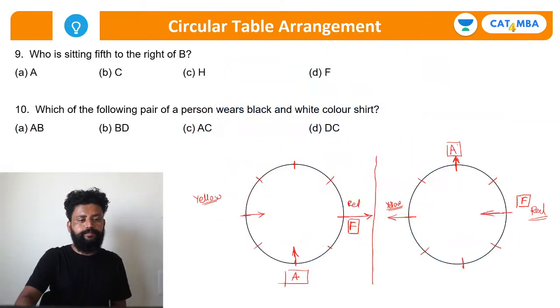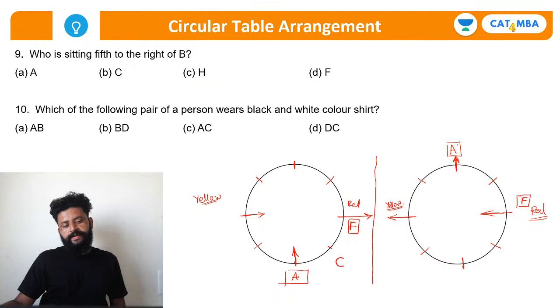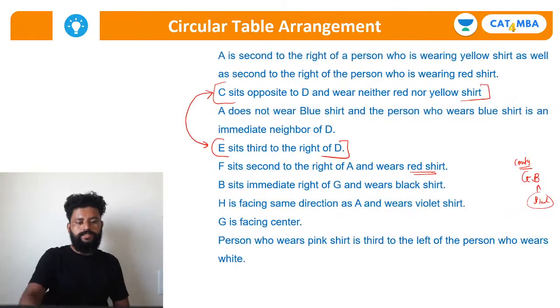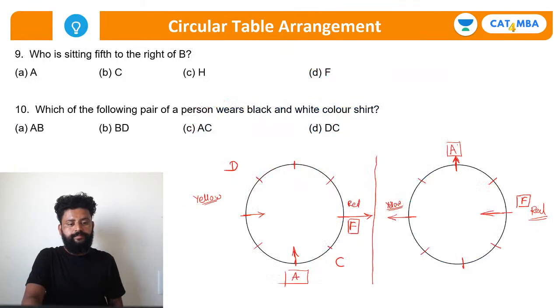So let's try it. I'll take this pair first, then I'll go for this pair. If I take C here, D here, it is possible. Then E is third to the right of D, but we don't know where E is facing.